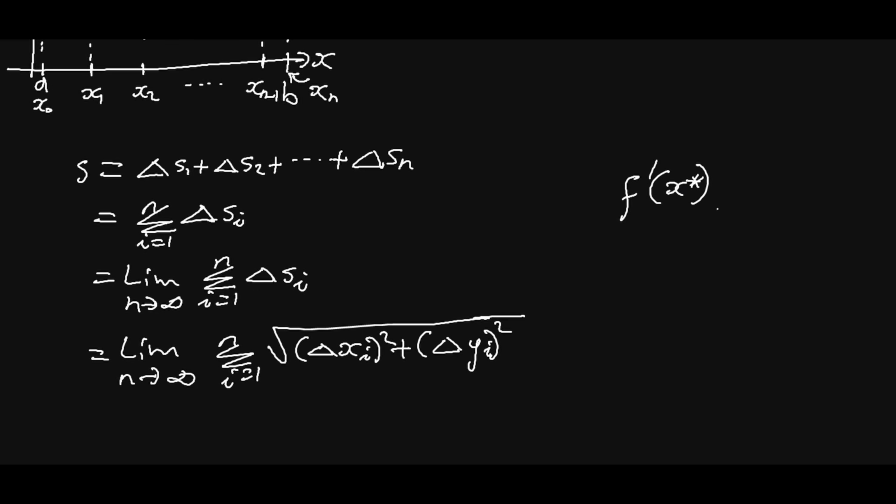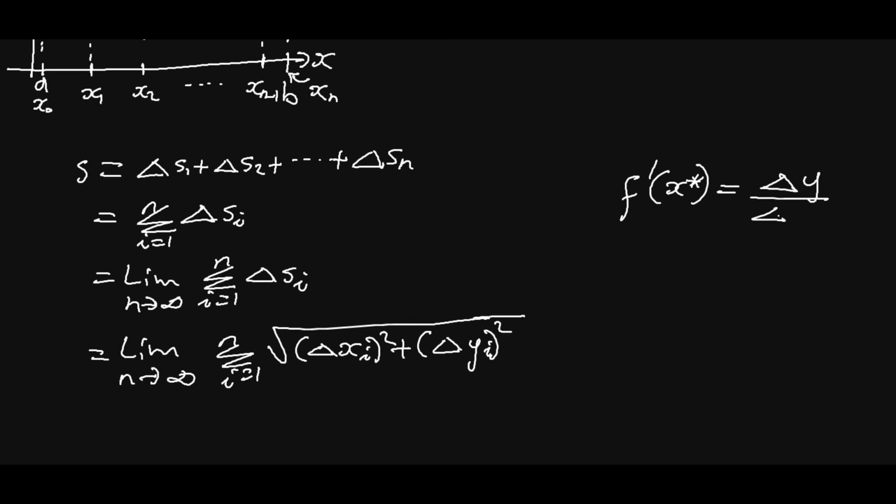In every small interval that you have here, the mean value theorem tells us that there is an x value where the slope of the curve is equal to the slope of the straight line.